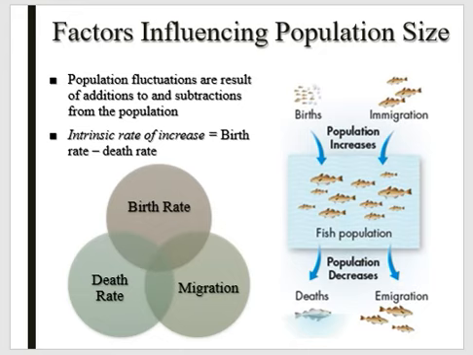In general, you can measure the effect of these factors by calculating what's called the intrinsic rate of increase, also denoted as r, a lowercase r. This is simply the difference between birth rate and death rate, so it's equal to b for birth rate minus d for death rate. It's also known as the innate capacity to increase.